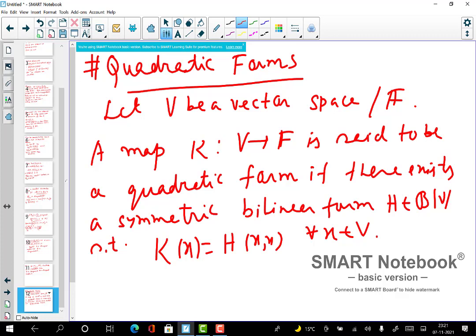And the converse is also true if the characteristic of the field is not equal to 2. What does that mean? If you have a quadratic form, then you can also define a symmetric bilinear form.